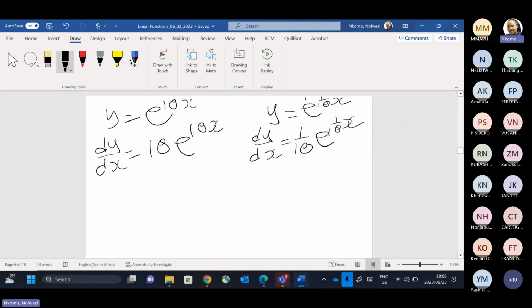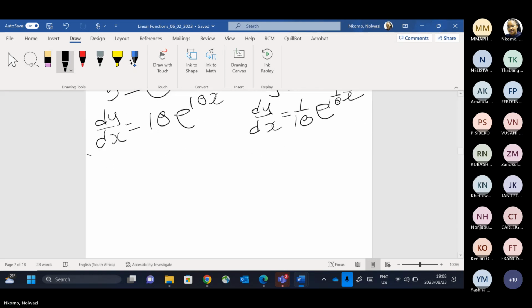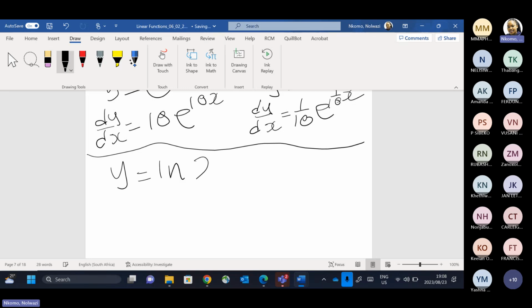For example, say we are given the natural logarithm function y equals ln x. The derivative of this function would be 1 over x. So we have dy over dx equals 1 over x, right?